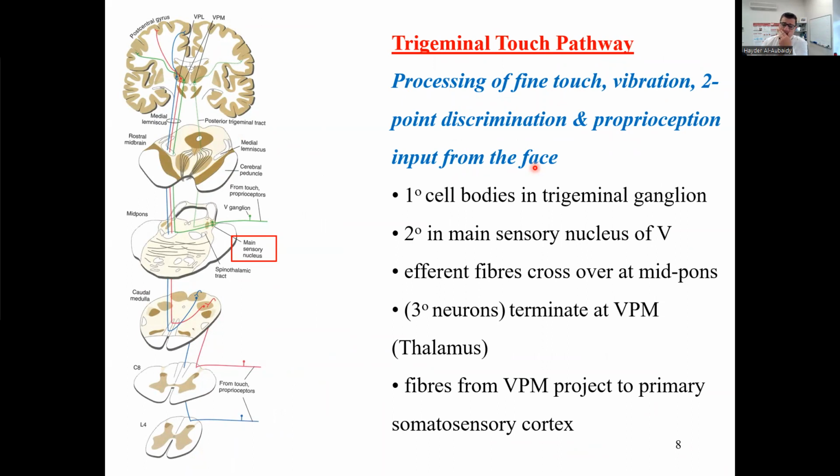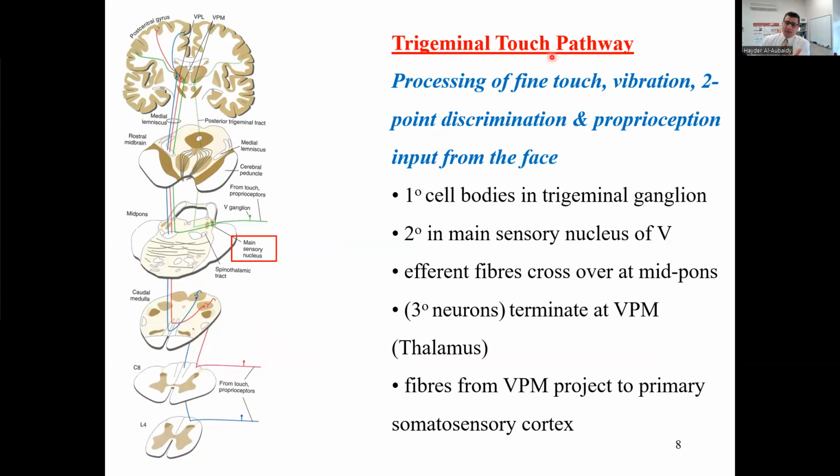DCML or STT? What do you think? DCML, thank you. So this trigeminal touch pathway should be similar to the DCML in its function, carrying the same type of sensation but in a different region of the body.